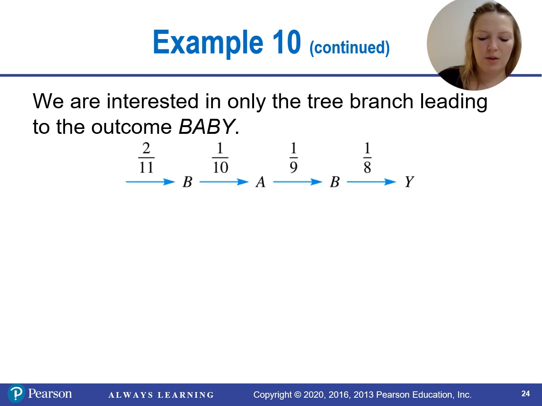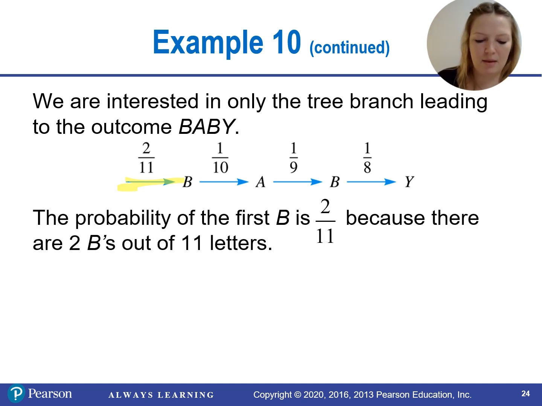So the branch is going to start with a probability of 2/11ths for drawing a B to begin with, and that's because there are 2 B's in the 11 letters. So there are 2 chips with B on it.